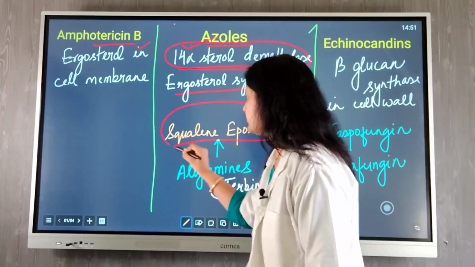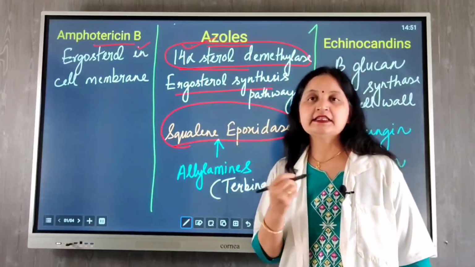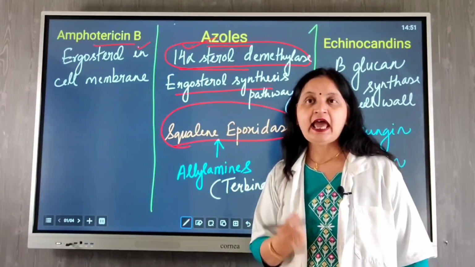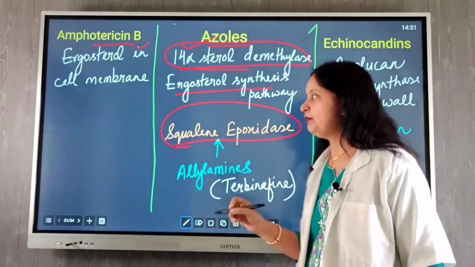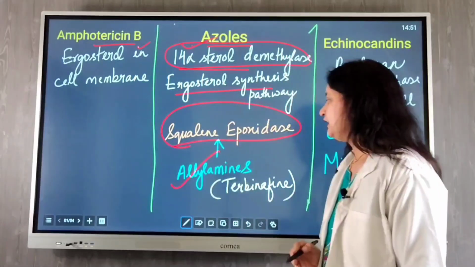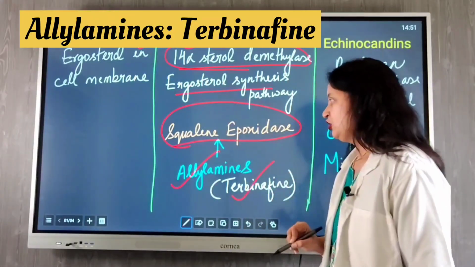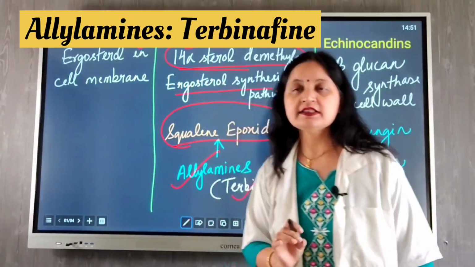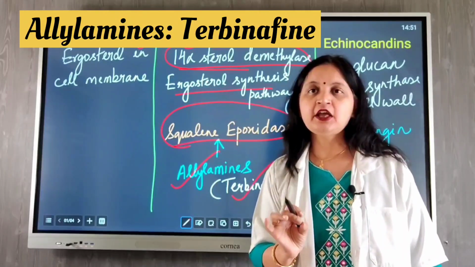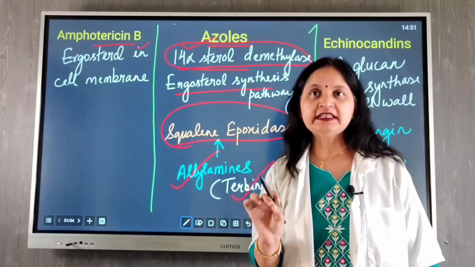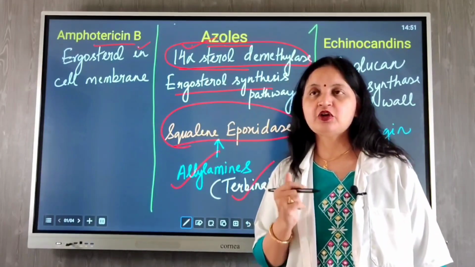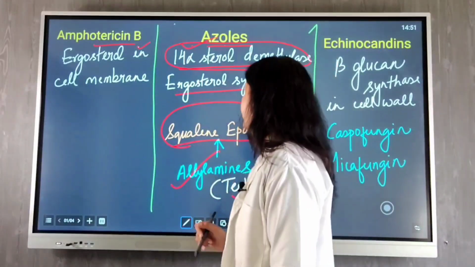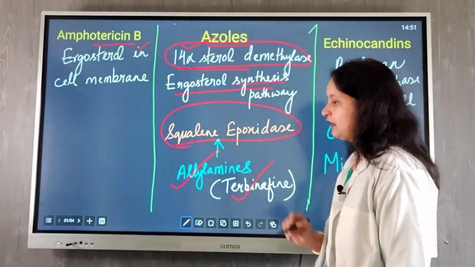This enzyme is inhibited by allylamines, and the drug is terbinafine. So allylamine is an important class which includes terbinafine, which acts on squalene epoxidase, inhibiting the ergosterol synthesis. So these drugs act on the ergosterol synthesis pathway.